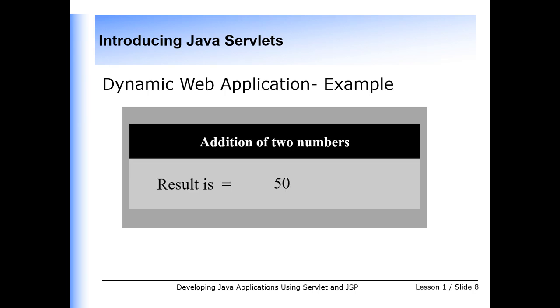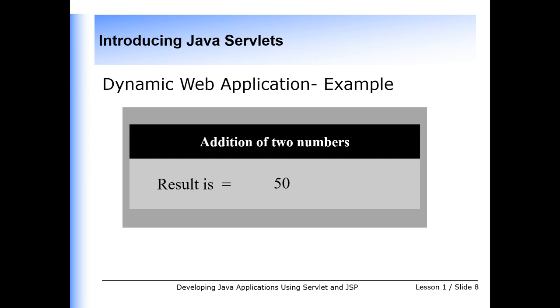This web application is dynamic in nature, as the second web page that shows the result changes based on the user input. It is not static for all the users. The user can enter different numbers and you will get a different output every time. So basically, this is all about the backend working of the World Wide Web.